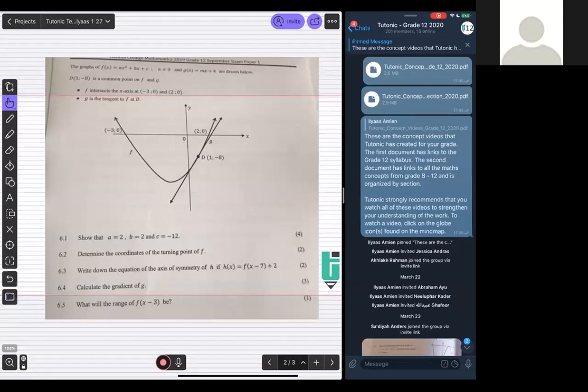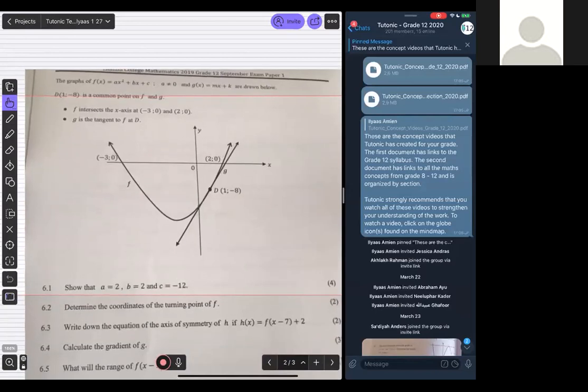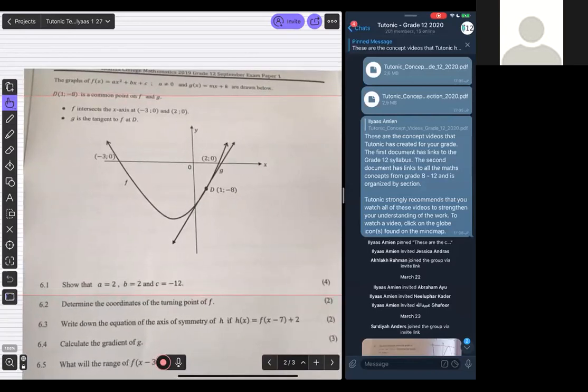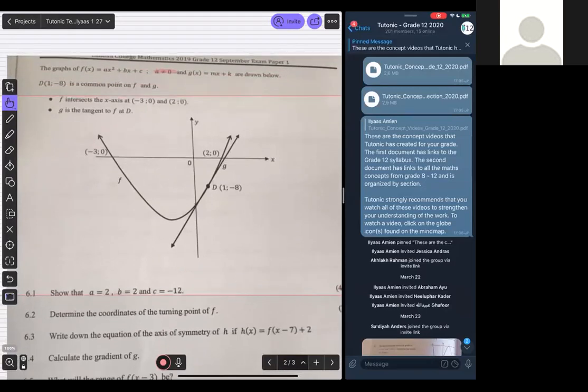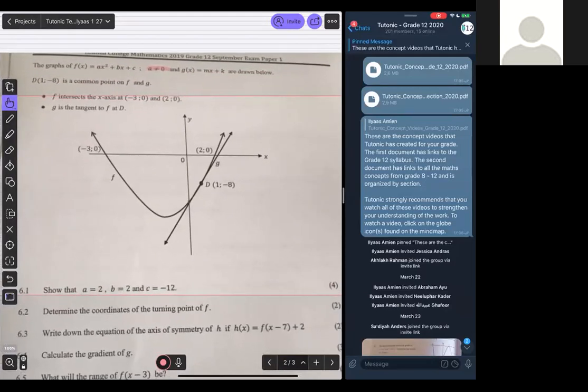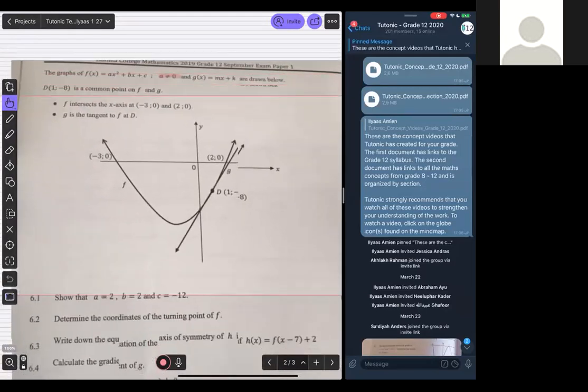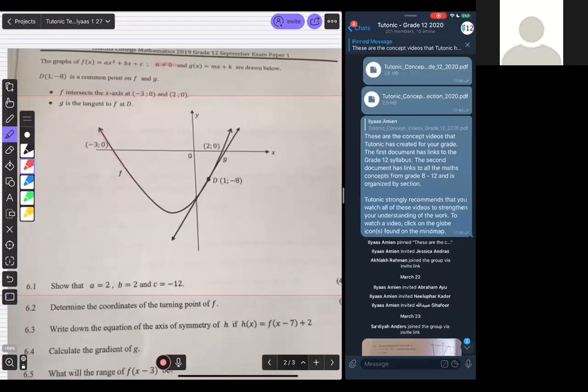So it says the graph of ax squared plus bx plus c, where a is not equal to 0. So what type of graph is that? It's a parabola, right? Yes. So you've got a parabola and a nice straight line graph, and they say D is a common point.